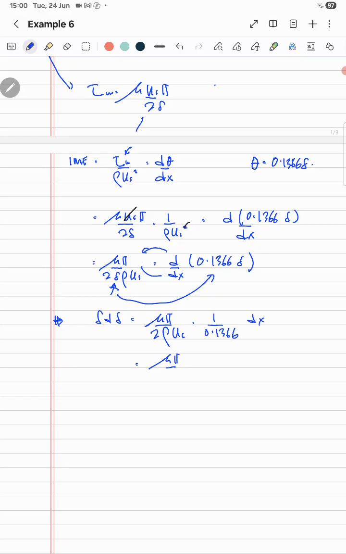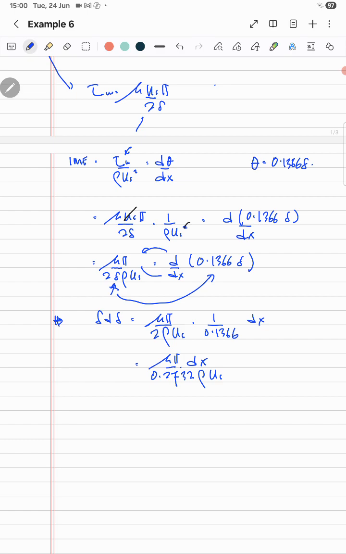So μπ over 2 multiplied by 0.1366, which equals 0.2732ρU∞, dx here, like that.